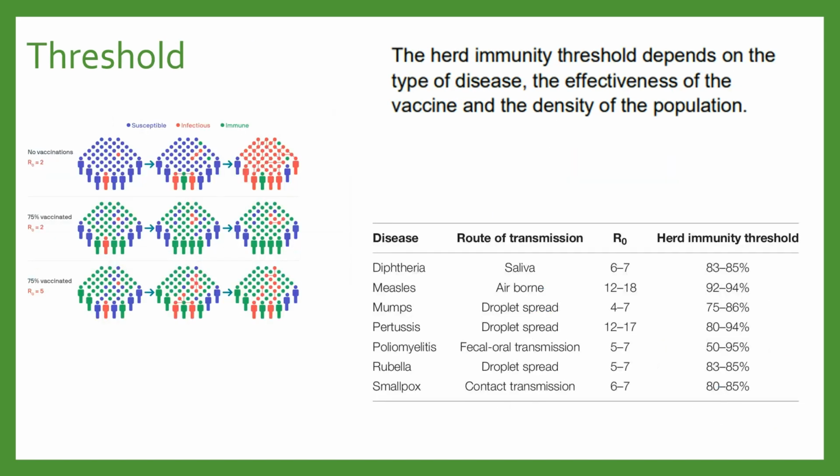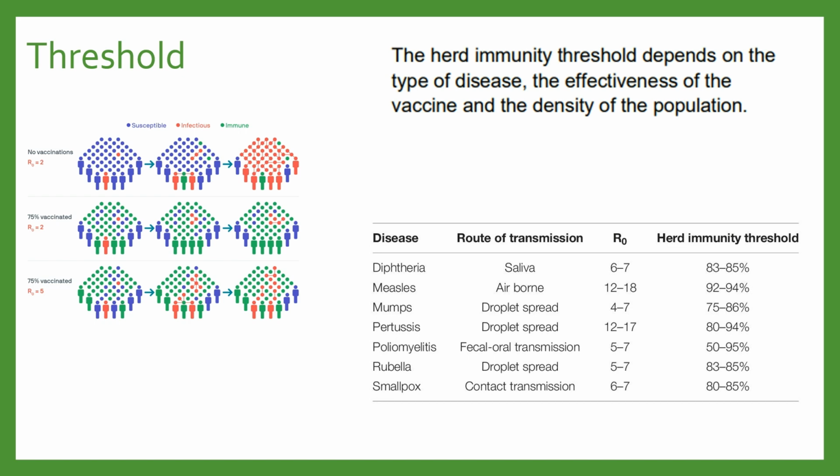So the actual percentage of the population that needs to be vaccinated in order to reach herd immunity, known as the herd threshold, does vary because of different factors. So it depends on the actual type of disease, how virulent that infectious disease is, how likely it is to make you ill. It depends on how effective the vaccine is at boosting or triggering that immune response.